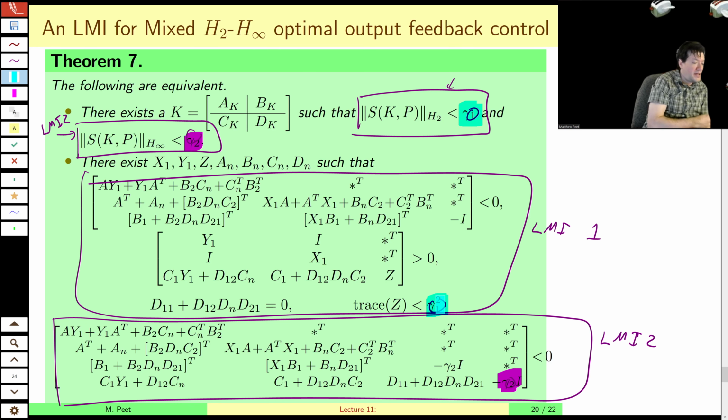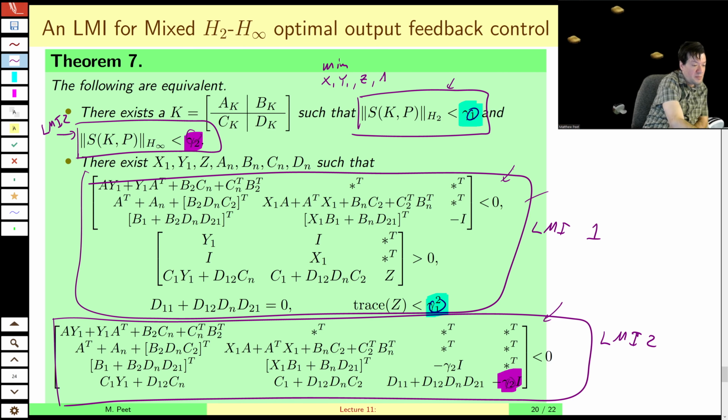And so when you're solving the optimization problem, you can do a minimization over all those variables that we talked about. The same, because x1 and y1 are the same half dual and half primal variables for both of these LMIs. They appear there. And we've got Z here, which is only for LMI1.